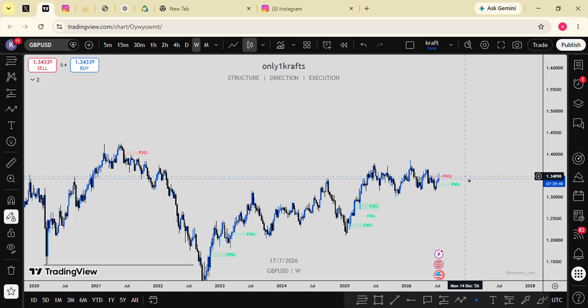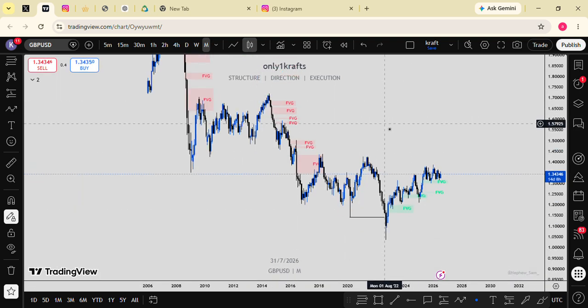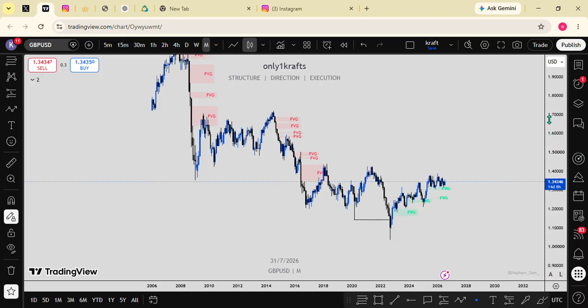So if you look at the previous diagram I drew here, I want to show you a previous pattern too, so you would know what to expect, right? After we did this particular consolidation, this is another consolidation, by the way.